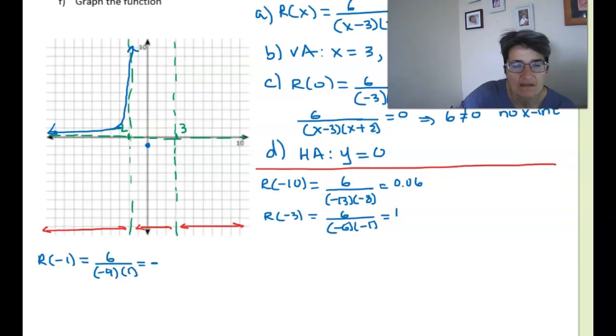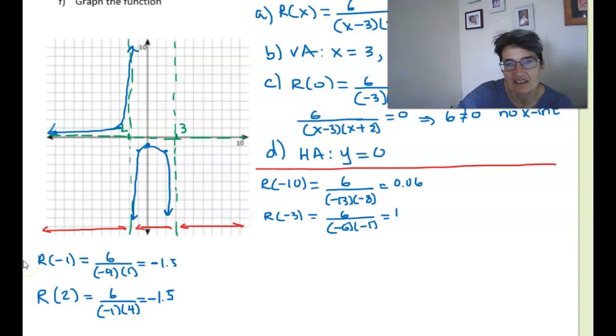This is negative 3 over 2, which is negative 1.5. And something here, let's pick maybe 2. So I have 6 over negative 1 times 4, negative 1.5 again. Alright, so on this side, it looks like it's going down at both ends.